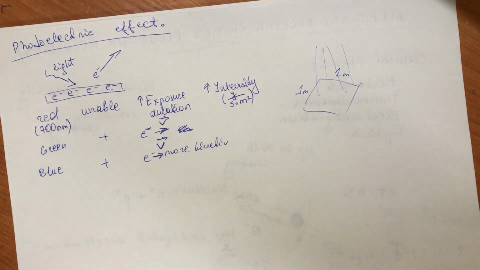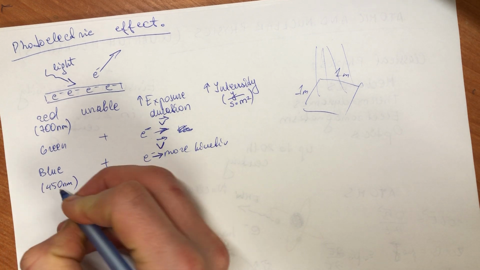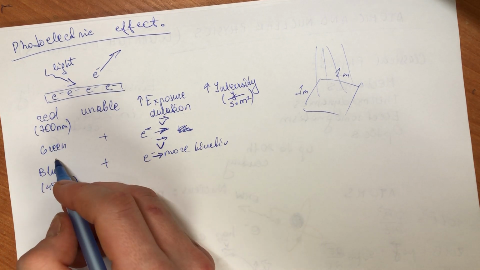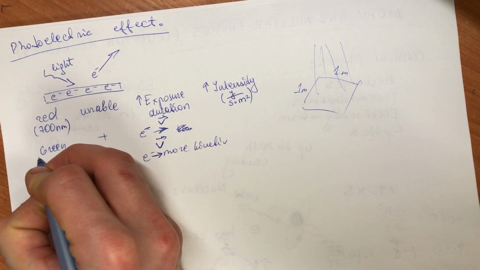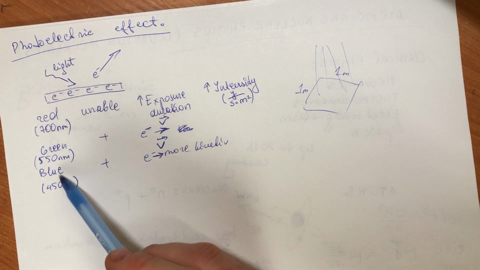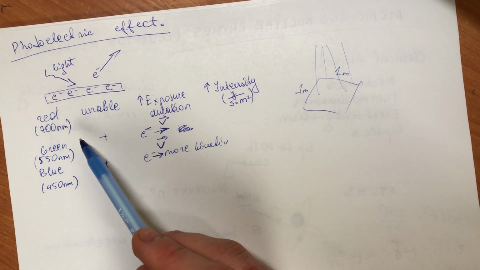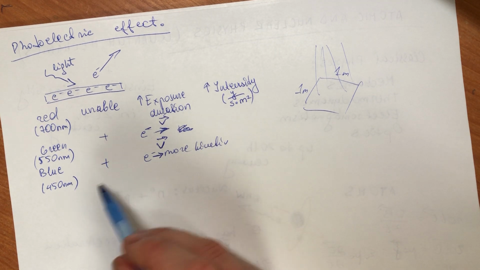So blue color would be, I'm not precise here, about 450 nanometers. Green color would be around 550 maybe. So this means that they had shorter wavelength, higher frequency, so they were able to produce electrons.